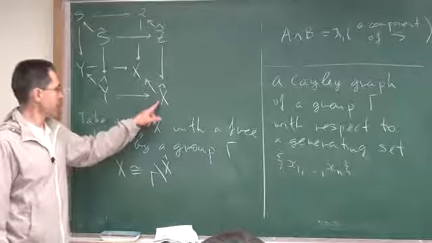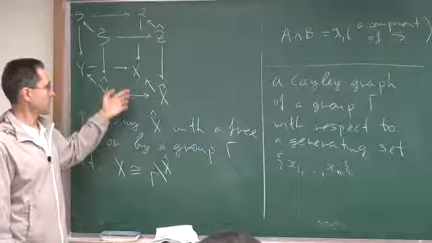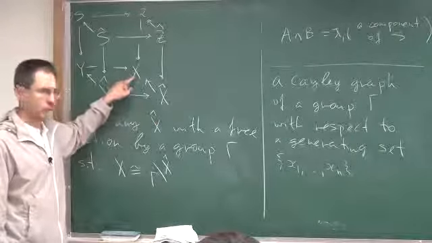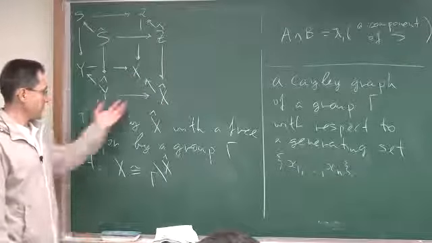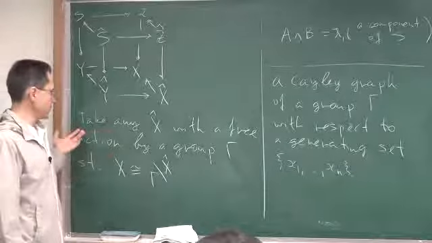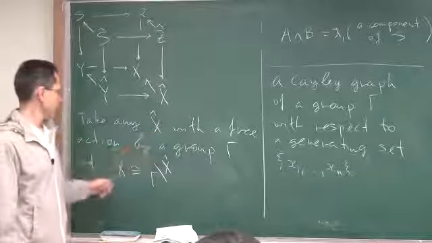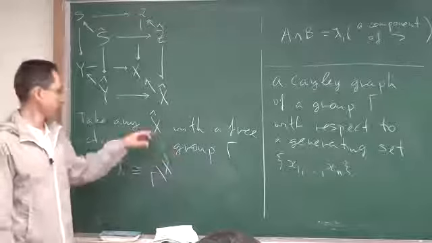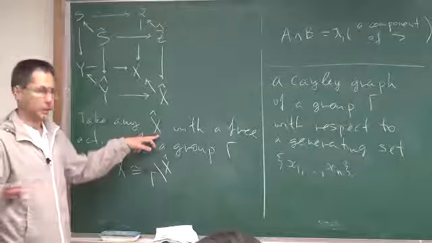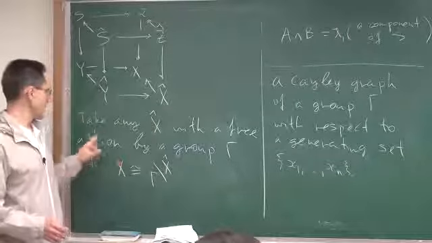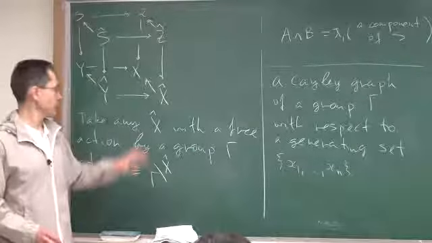If x hat happens to be the universal covering of x, then there is an action of the fundamental group of x on this universal covering. But in general, you could take just any complex, any graph with a free action by some group. This complex doesn't even have to be connected, for example. Could be disconnected. Just any complex, any action, but you assume that the action is free, and you assume that the quotient is x.